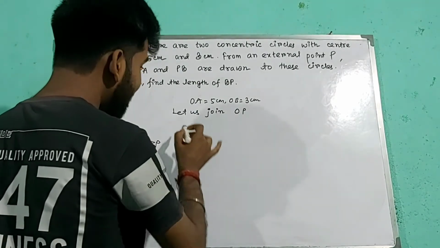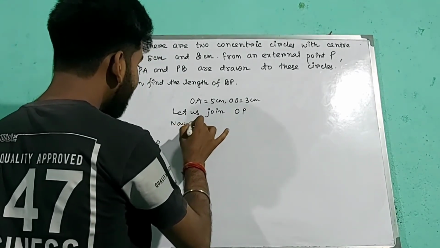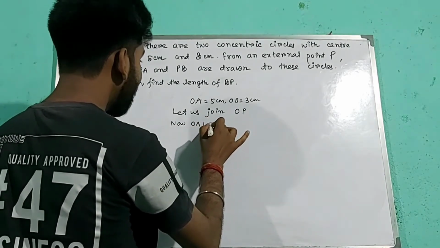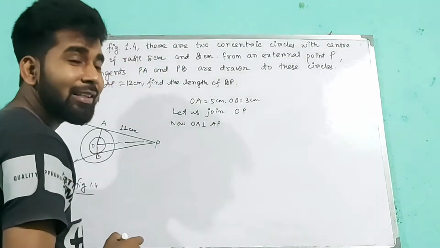Now I am writing. OA is perpendicular to AP. Why? This is from the first theorem.